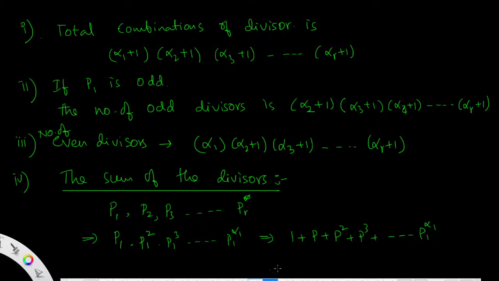This can be done using the basic formula for a GP, that is a into r to the power n minus 1 divided by r minus 1. So for the series, the first term is 1, then P1 to the power of n, nothing but P1 to the power of alpha 1 plus 1, minus 1 divided by P1 minus 1.